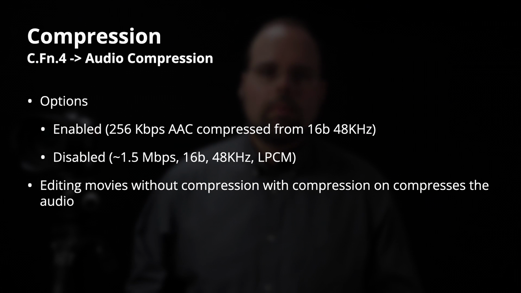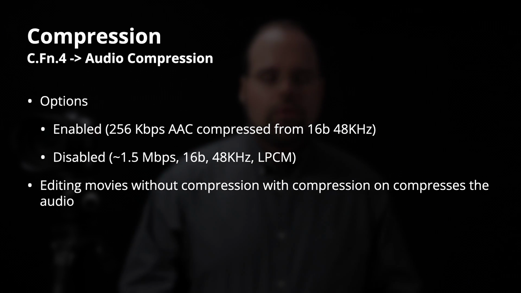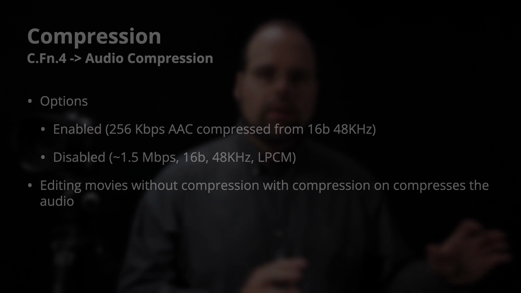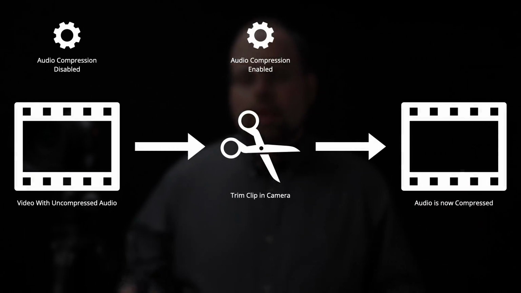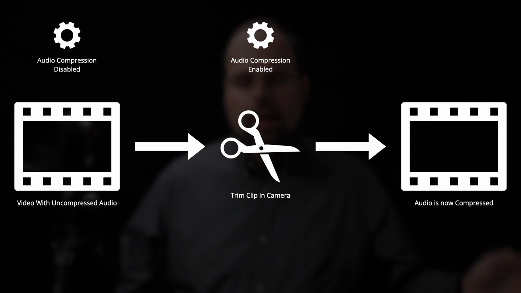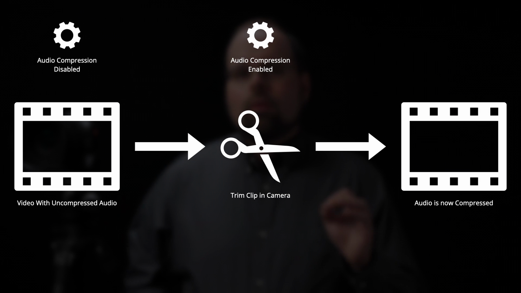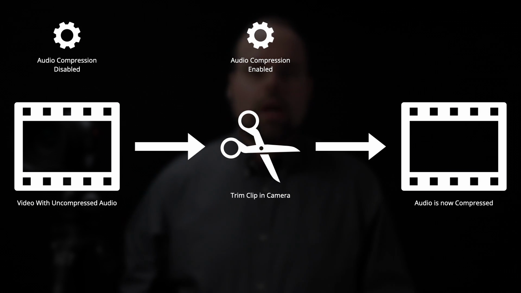First of all, it comes to editing movies in the camera. So if you shoot a movie clip in the camera that was shot without compression, so uncompressed LPCM audio, and then you turn compression on, and then you trim that video clip, so you get rid of maybe a couple of seconds off the beginning, a couple of seconds off the end, whatever, the resulting file that the camera creates will have compression applied.